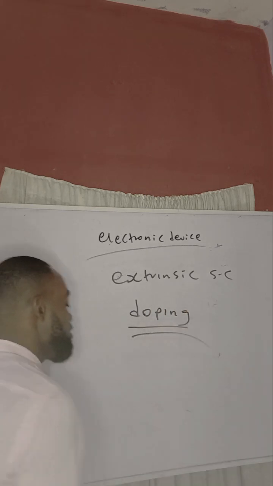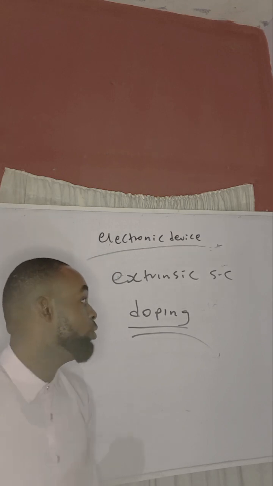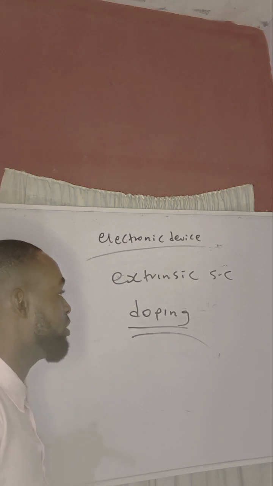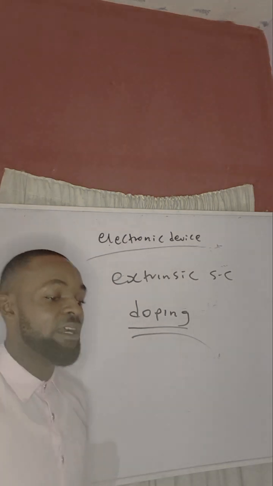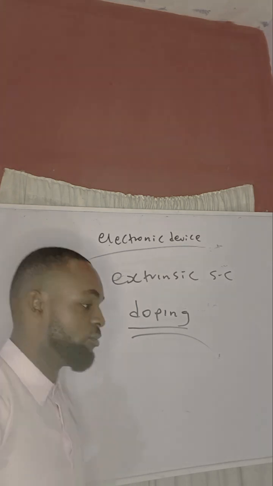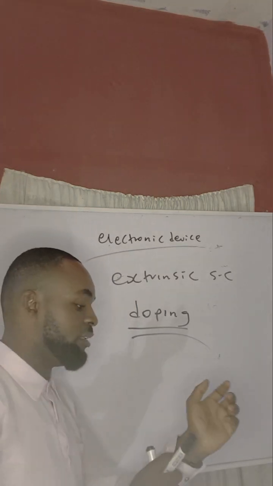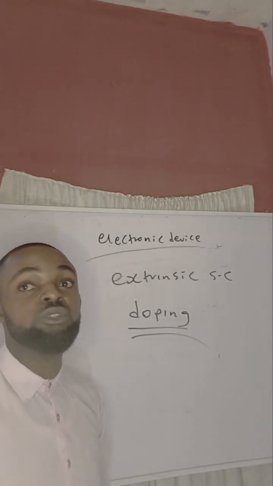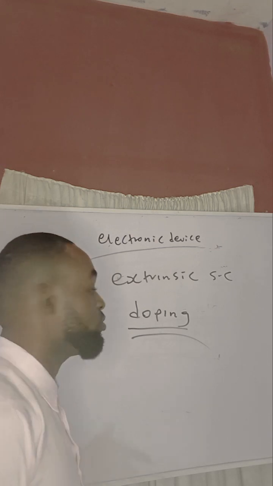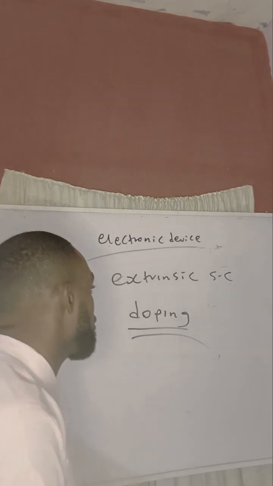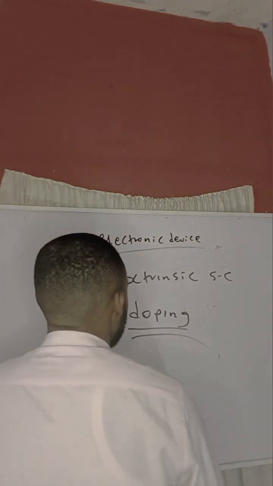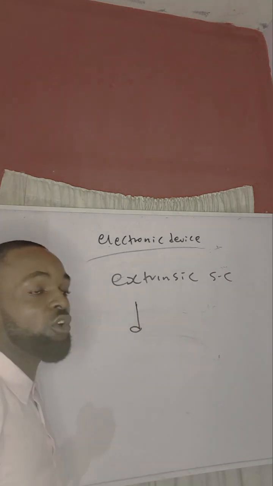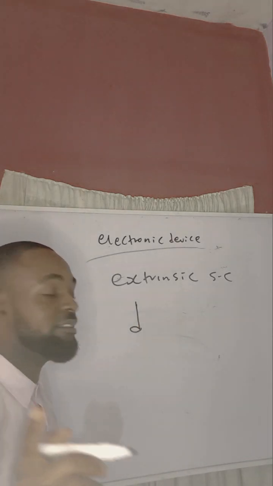Doping means the addition of impurities to a semiconductor in order to increase their conductivity. Remember, for those writing JAMB, WAEC, doping means what? Addition of impurities to a semiconductor in order to increase their conductivity.